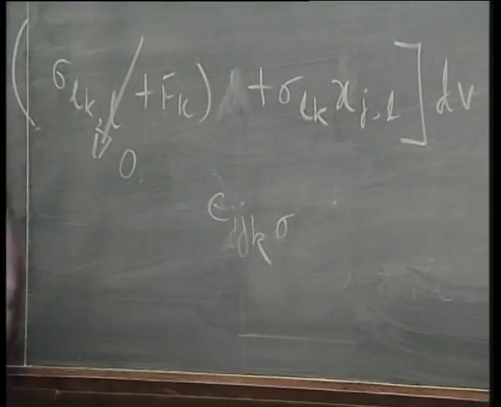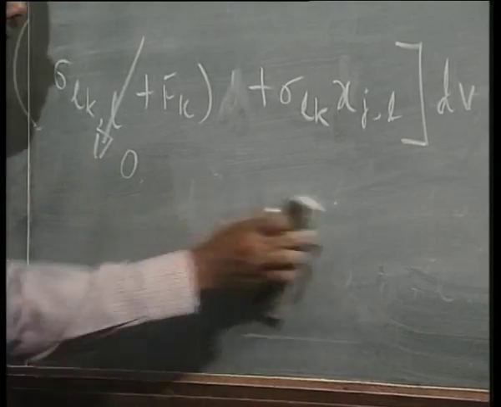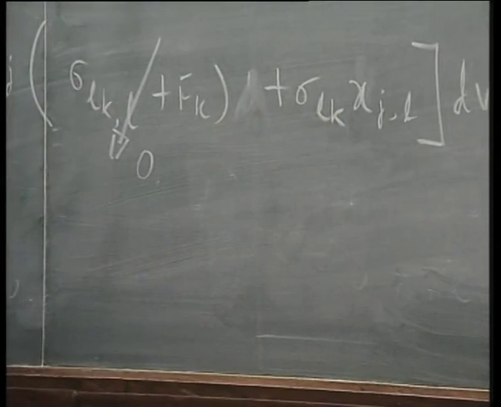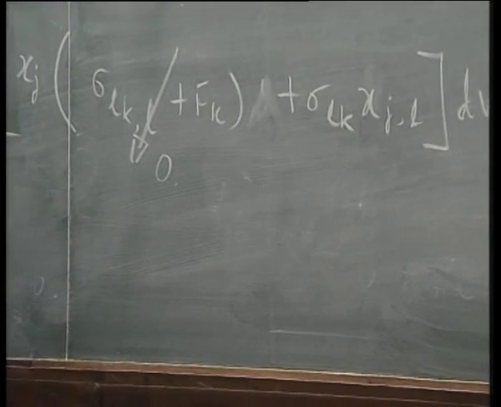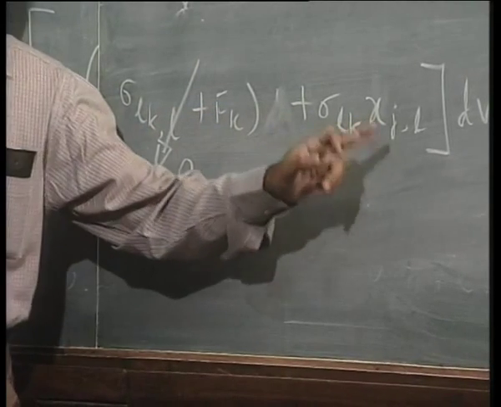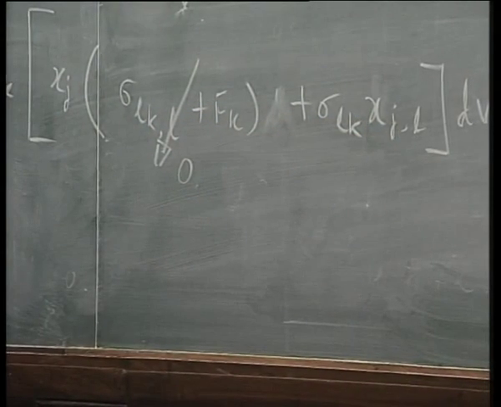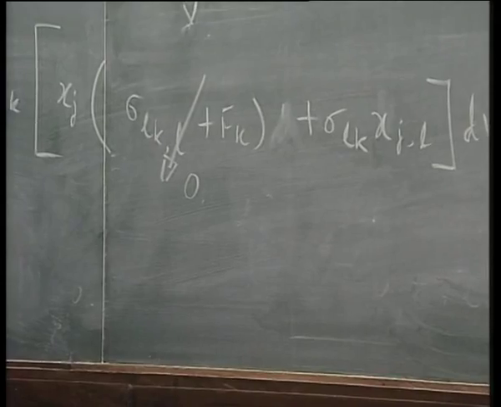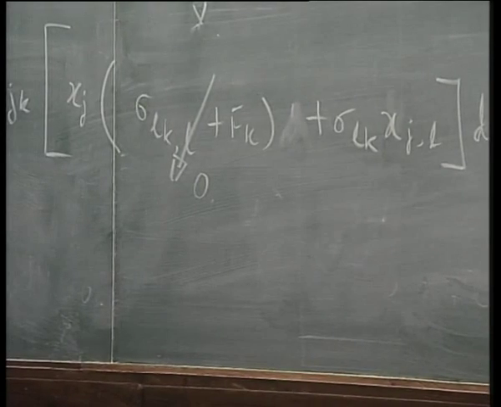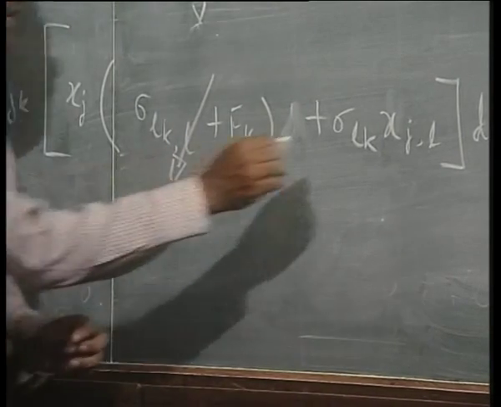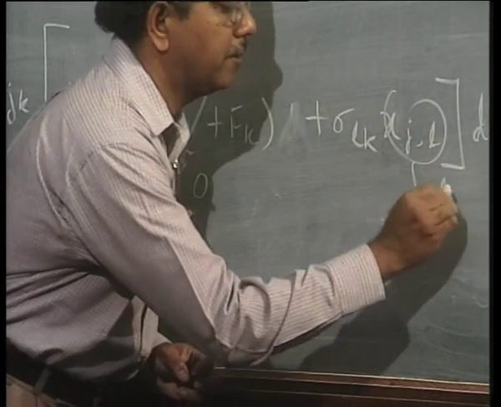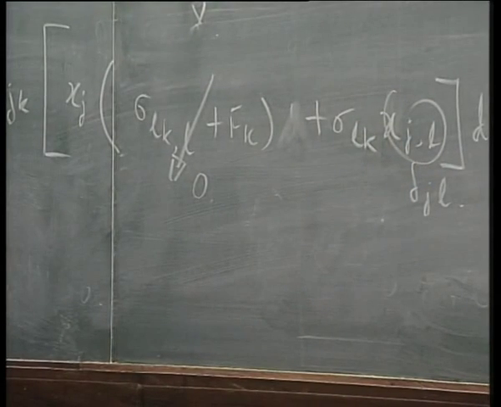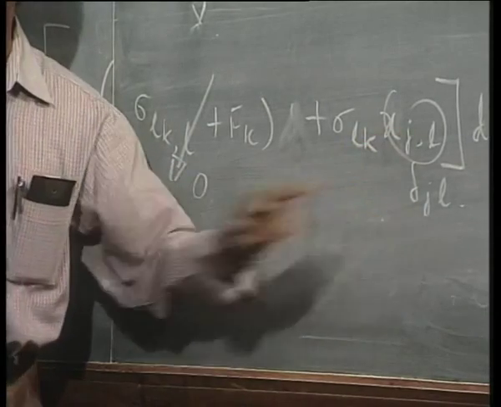Before we proceed, what is sigma Lk? Okay, let's simplify this. Sigma Lk x_j comma L, what will that become? This is delta JL, this is what we saw.